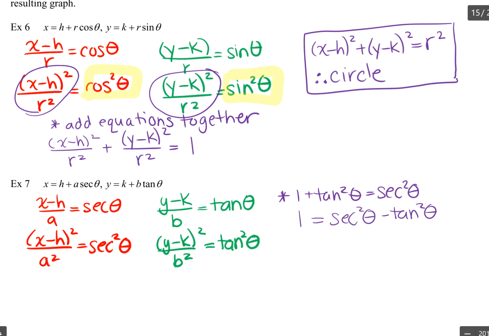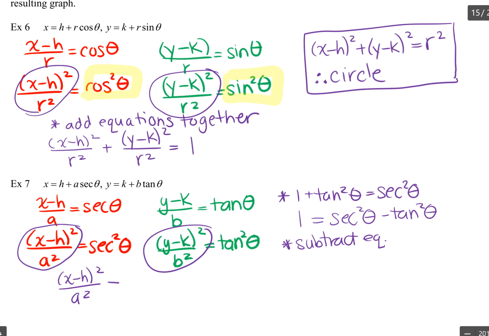So now what I'm going to do, instead of adding, I am going to subtract the equations so that I have secant squared minus tangent squared. So I'm going to do the red equation minus the green equation. So in the red equation I have this. That's my first piece. So what I'm going to have now is x minus h quantity squared over a squared minus the left side here, y minus k quantity squared over b squared, and then is equal to, and we would have secant squared minus tangent squared.